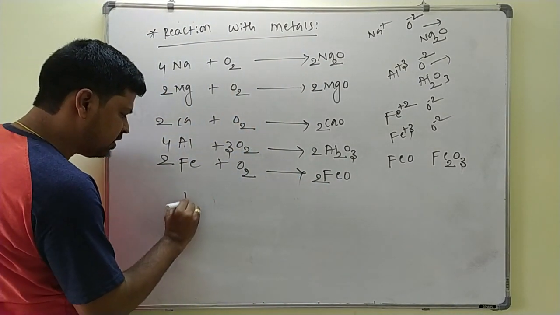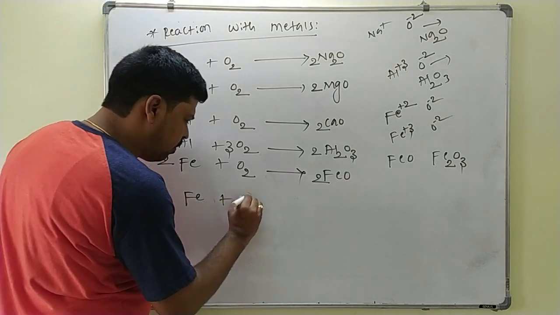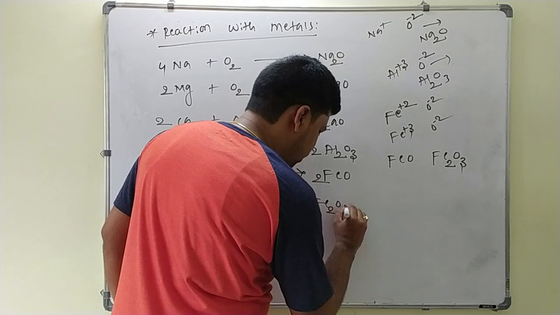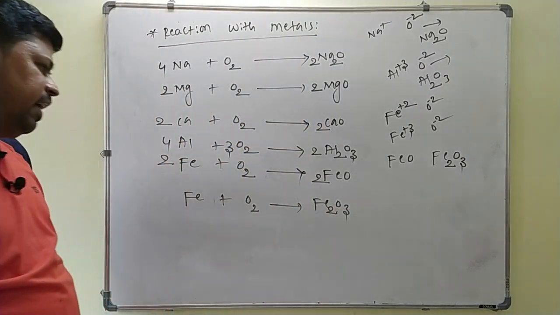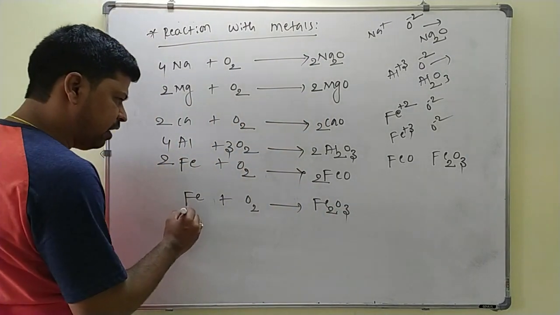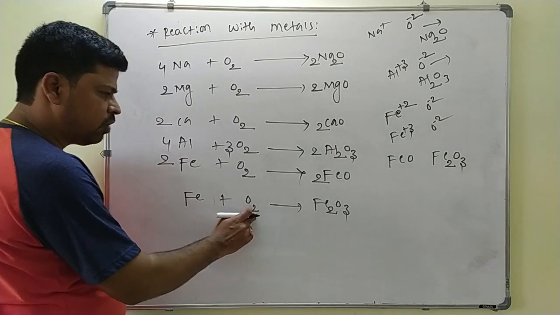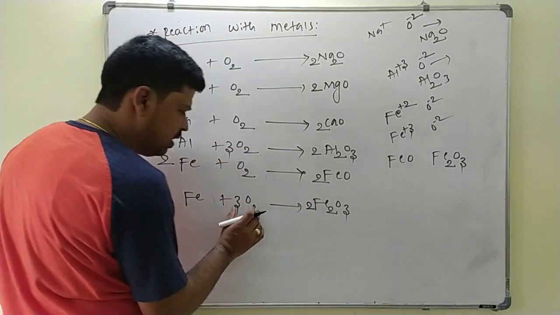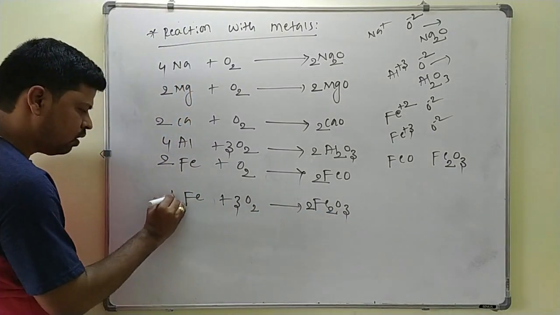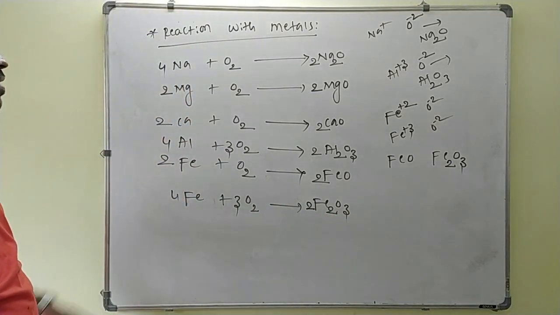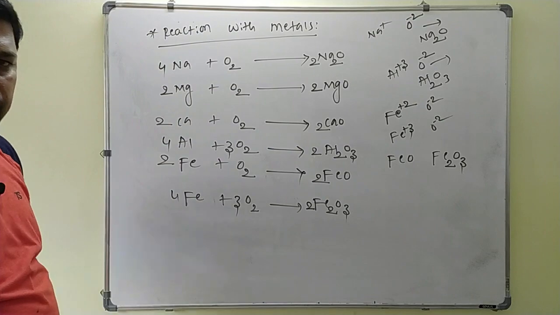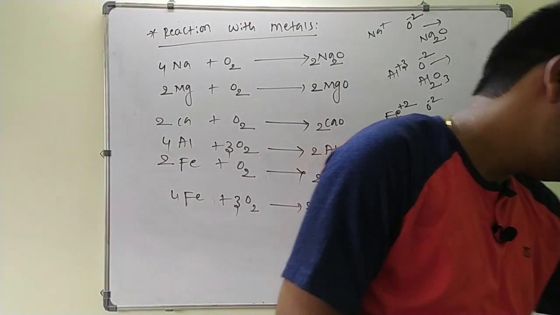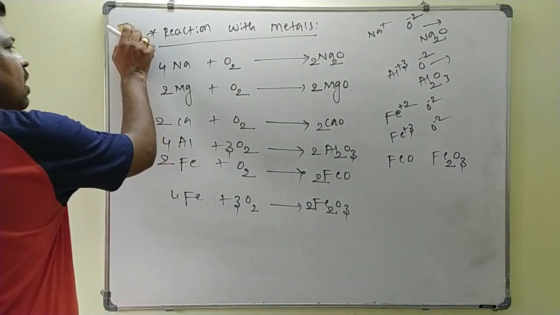In the +3 oxidation state, Fe combines with O2 to form Fe2O3. You take 2 oxygen, 3 oxygen, multiplied with 2 and with 3. 6 oxygen, 4 iron you have to take here. This is the reaction of oxygen with the metals. Now we will go for non-metals, and we'll write the reaction with some compounds also.